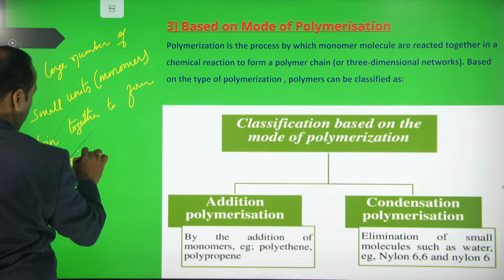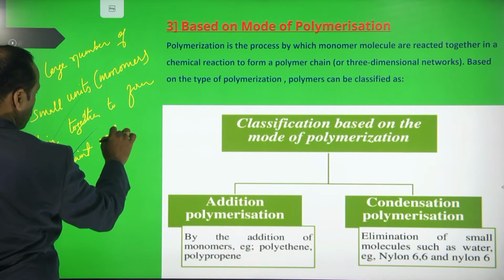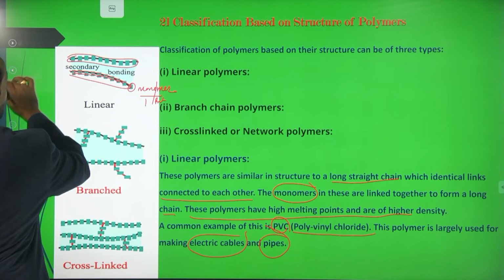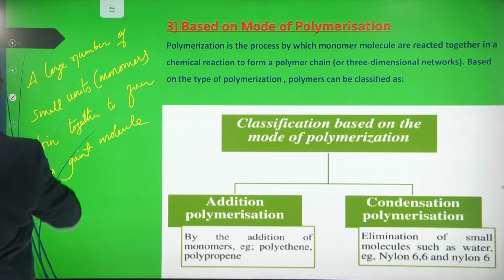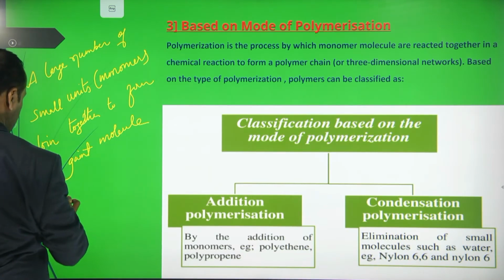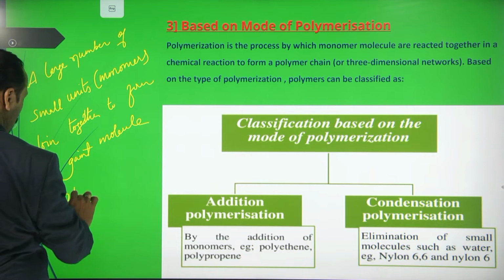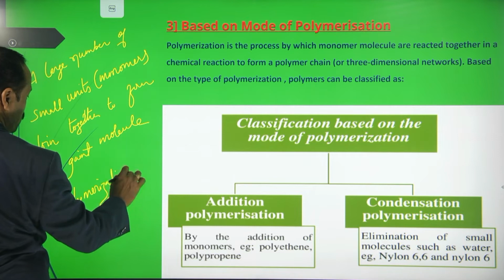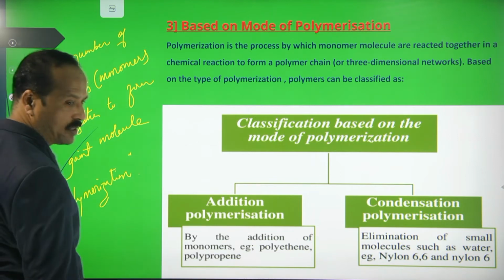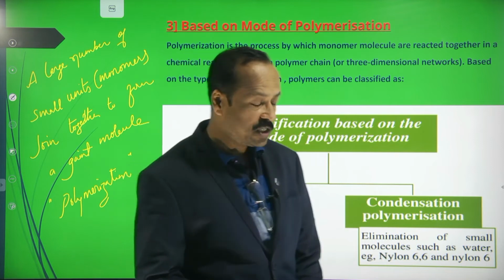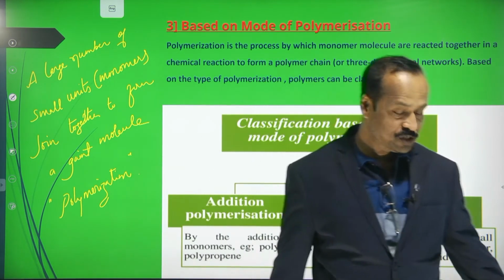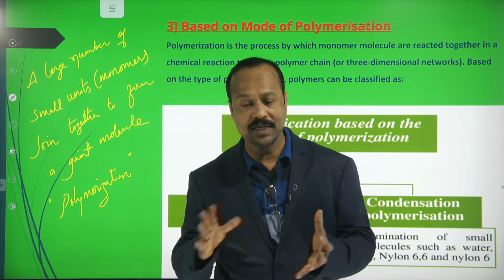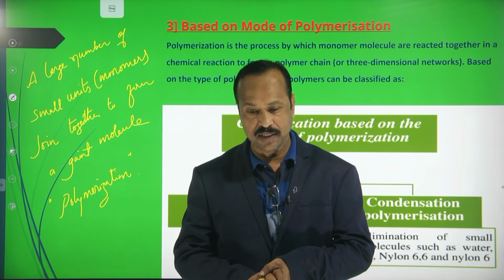Giant means very big; a giant product also you can say. I am writing: a giant molecule is called polymerization. This is a very important definition. Polymerization is where a large number of small molecules join together to form a long, big chain. Is this clear to you?